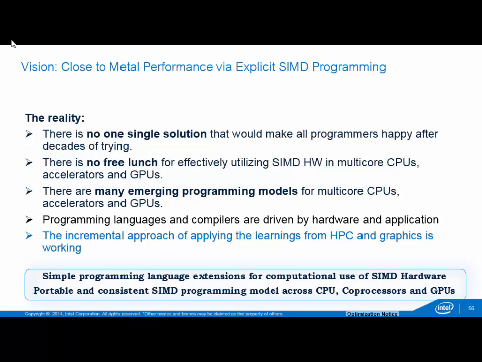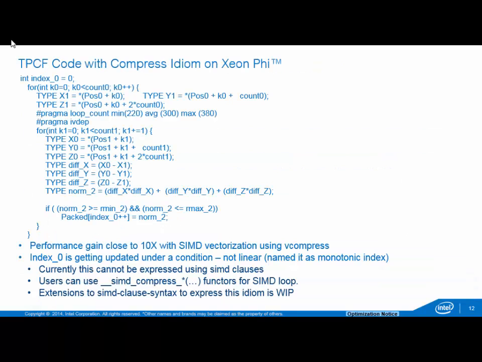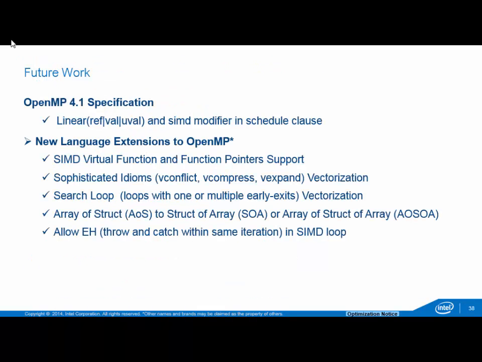Go ahead. Within the SIMD kernel, what do you think about the possibilities of having communication across the different lanes? Yes, that's exactly this one. The V-conflict instruction we introduced handles a conflict across the lanes.